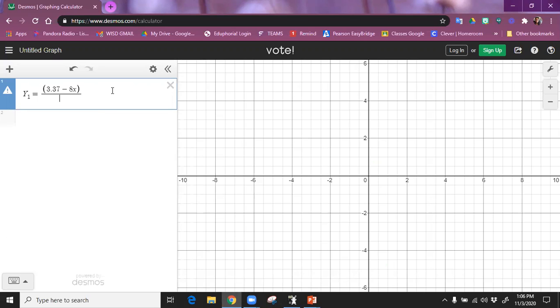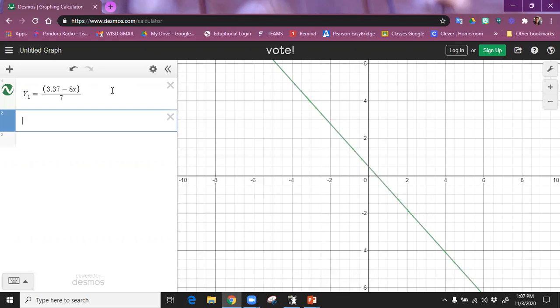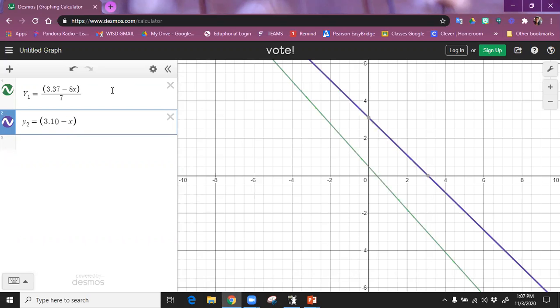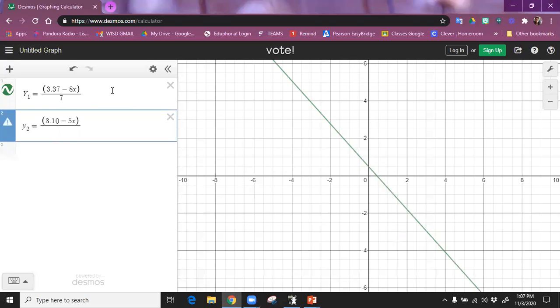The division is the slash down by your shift button. Then y2 equals parentheses 310 minus 5x, divided by 11.